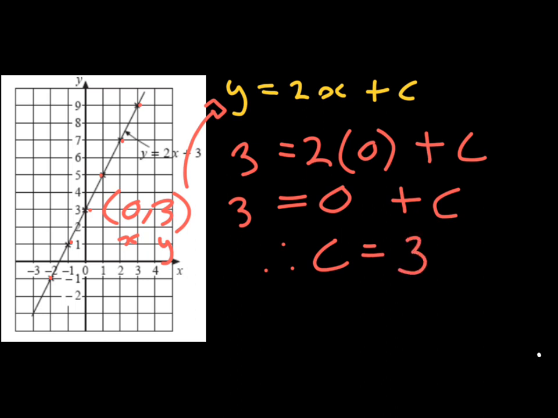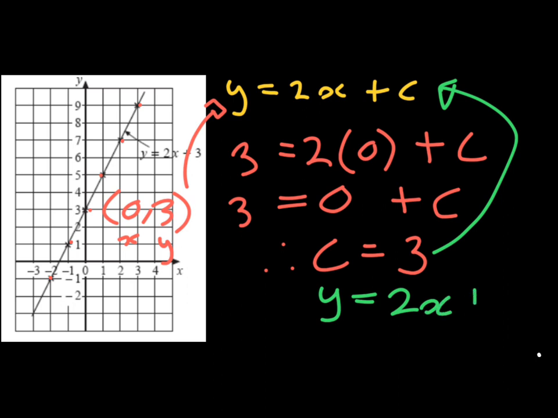Now, we substitute this back into our equation, and we get that y equals 2x plus 3. Now we have found a value for m, we have found a value for c, and we have that y equals 2x plus 3, and this is the final answer for question number 3, as we have found our formula for the equation of a straight line.